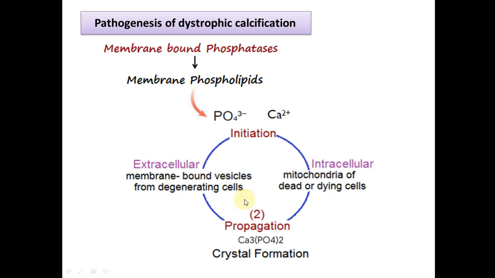If we remember, in papillary carcinoma of the thyroid gland, we see psammoma bodies, and actually psammoma bodies are whorled deposition of calcium around the phospholipids.